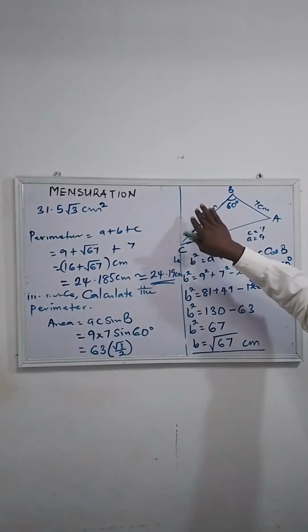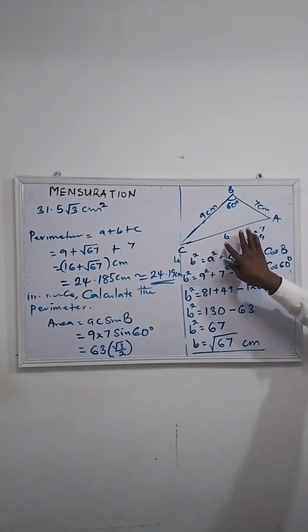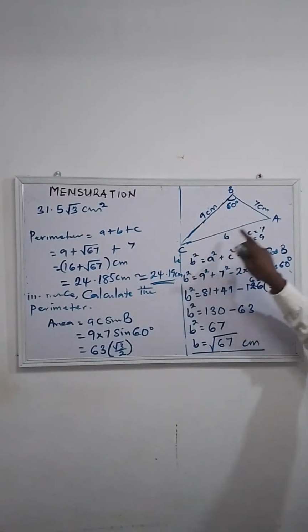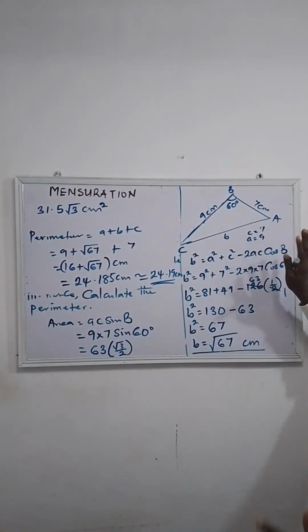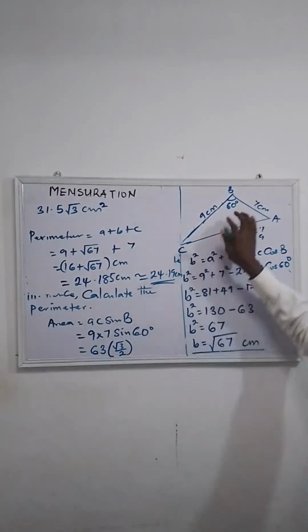We are given side A, we are given side C. Okay, we have to find side B. But in the question, side B is the same thing as AC, because the question asks you to find AC. All right. But before we find AC, let us get the area of this triangle.